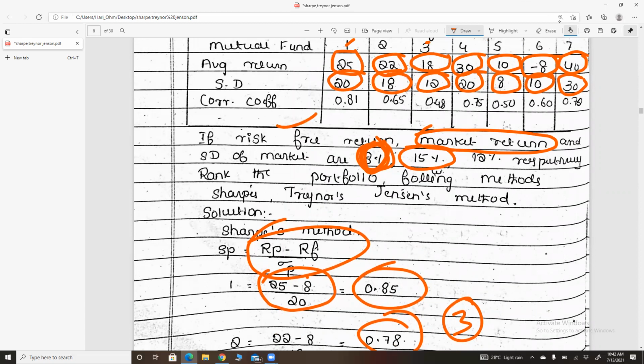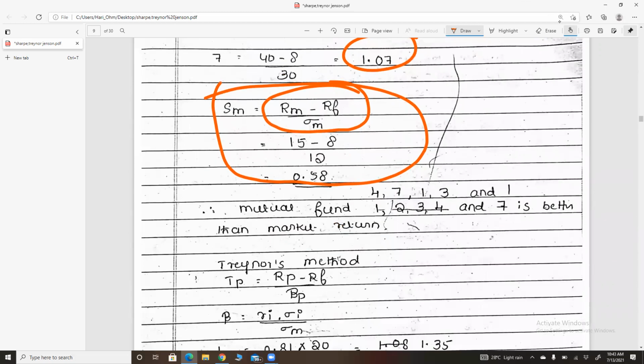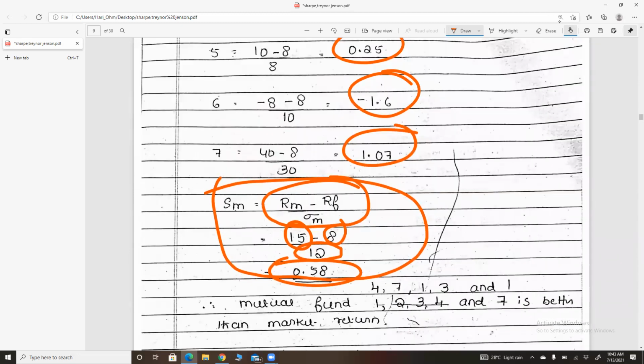First one is the risk-free rate, that is 8%. Second one is the market return, that is 15%. Then the standard deviation of the market is 12%. Clear? Here RM is 15, RF is 8, standard deviation of the market is 12. So the answer is 0.58.